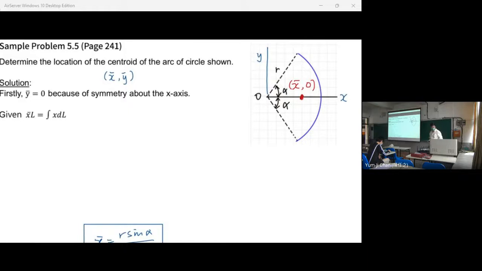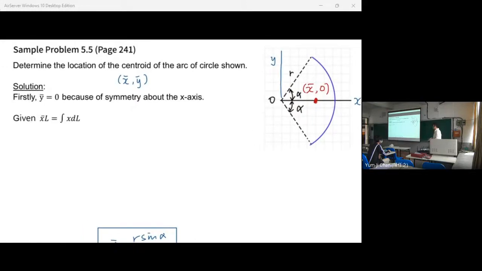And so, to determine x bar, we consider the moment about the y-axis. We assume this arc will make a moment about the y-axis.